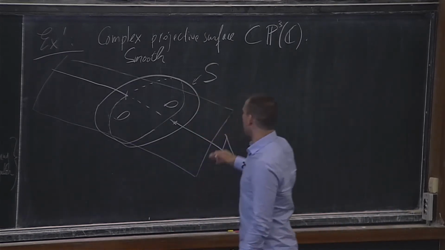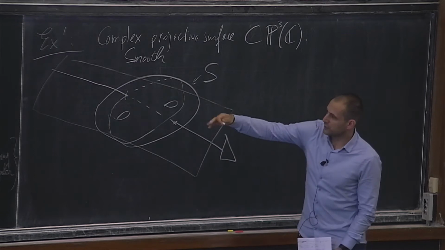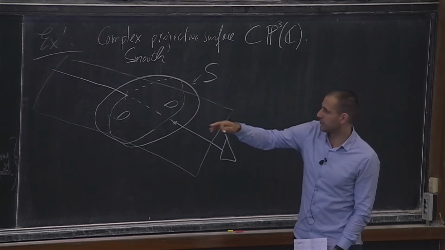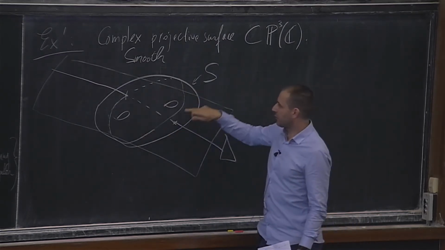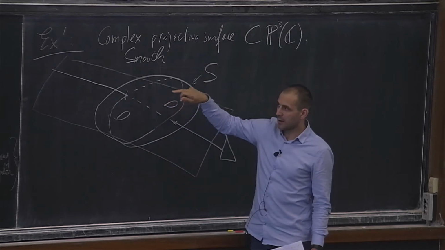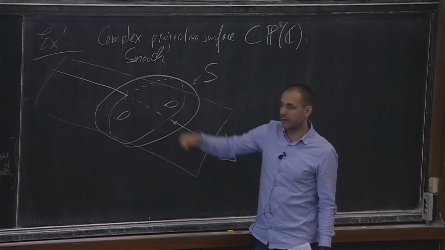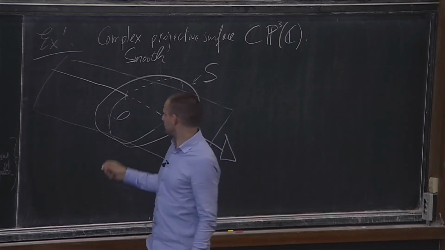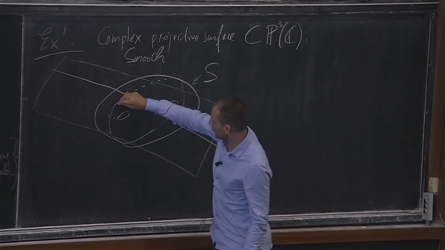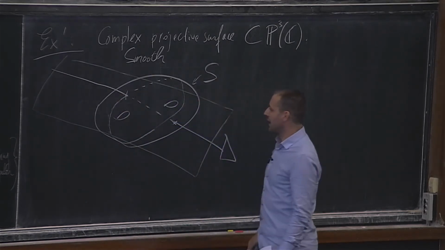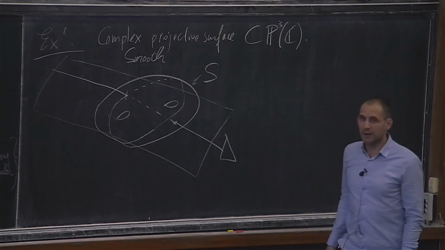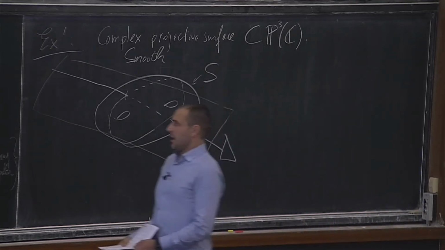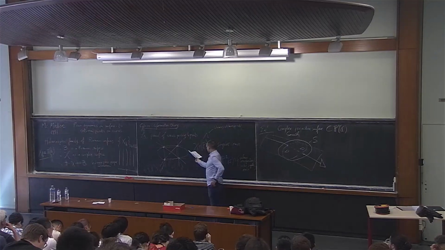So you have to do the same operation that we did before. For this pencil of curves, you have some base points, so points where all the curves pass through. So you have to blow up those points, and also you have to take out the singular fibers to get a complex surface.